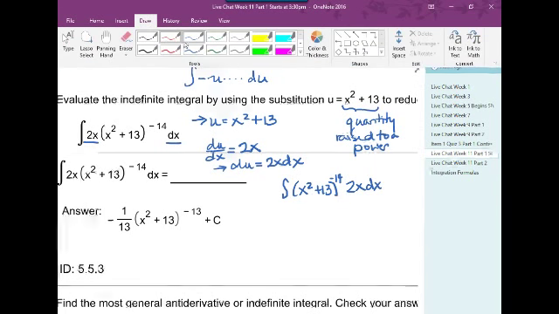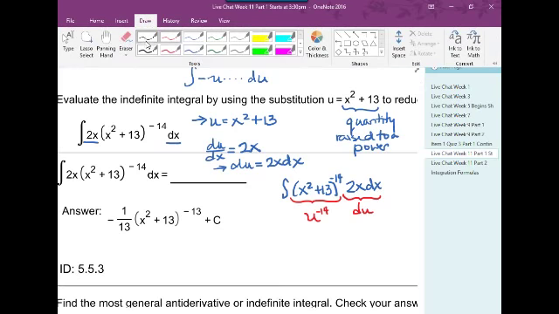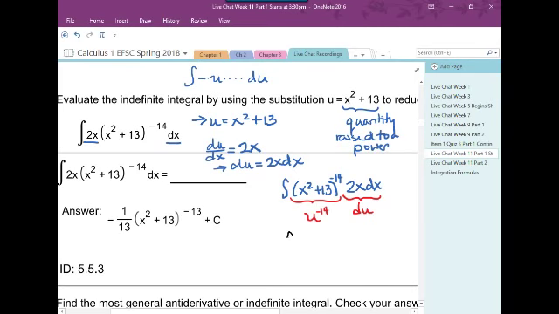So this part here, the 2x dx, is equal to just du. And then this part here is u to the negative 14th power. So we're able to replace all the x's with u's, and all we have to do is to evaluate the integral of u to the negative 14 du, which we have a rule for, right?